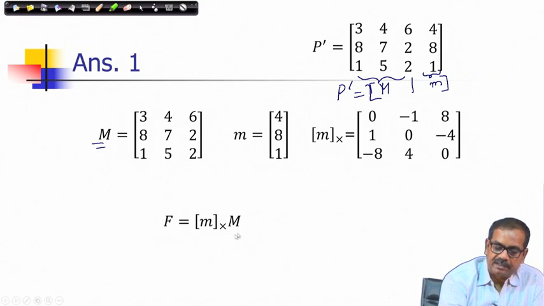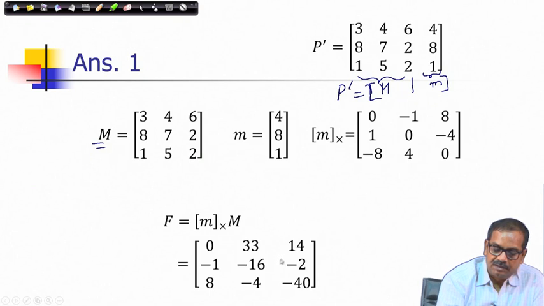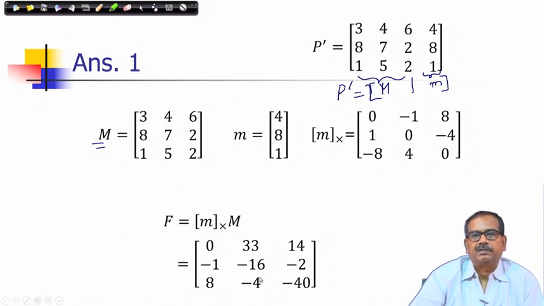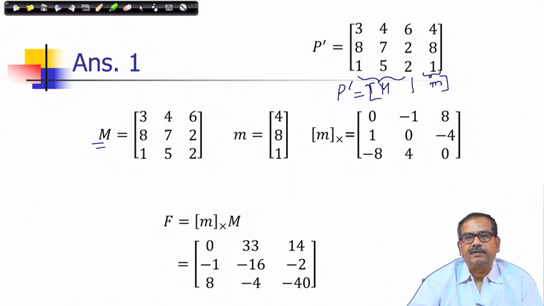If I multiply this m cross matrix with capital M, then we will get a 3 cross 3 matrix. This is the fundamental matrix. As you understand, if you know the camera matrices in these particular forms, then it is very easy to compute the fundamental matrix. We will also discuss how general forms of camera matrices can also be used for deriving this fundamental matrix.